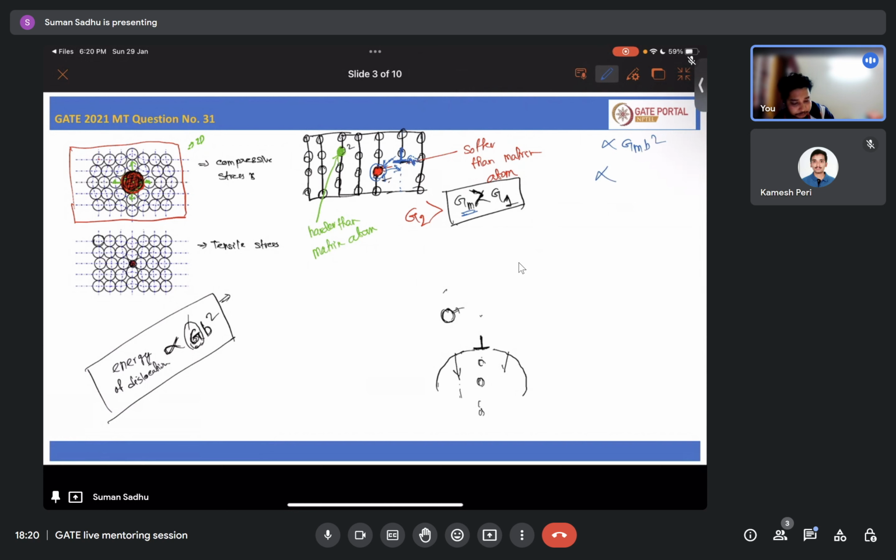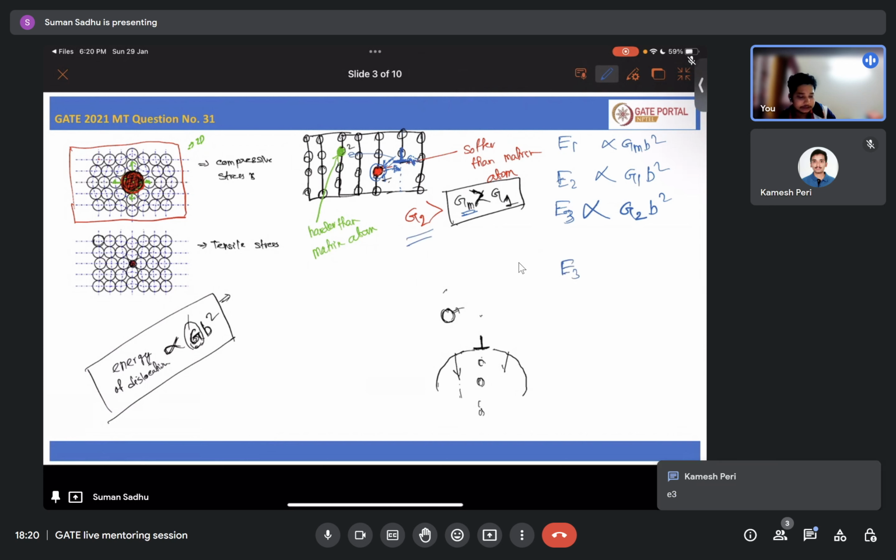Now if atom 1 moves to this location, or the dislocation moves near this atom, your energy will be proportional to G1 b square. And if this dislocation moves near this other atom, the energy will be G2 b square. Let's say these are E1, E2 and E3. Which energy is larger? As G2 is larger, energy 3 is greater than energy 1 and then energy 2.